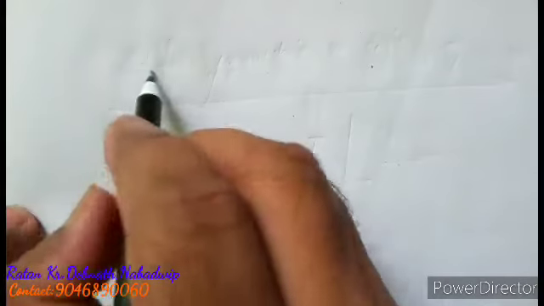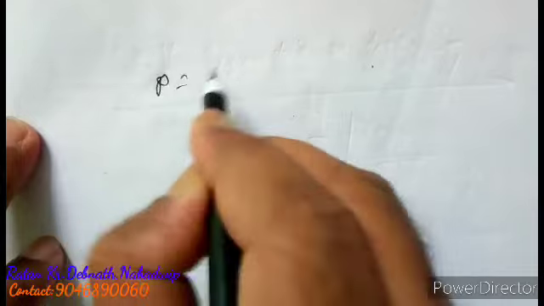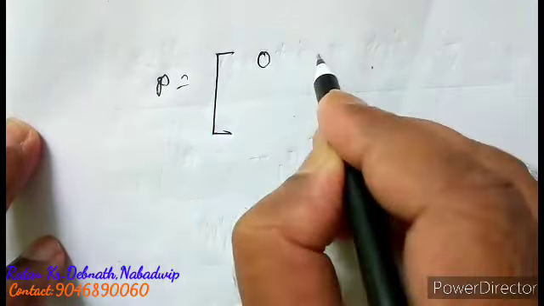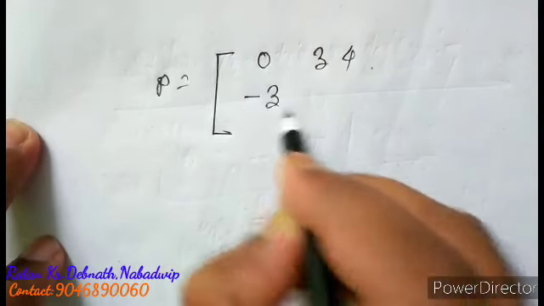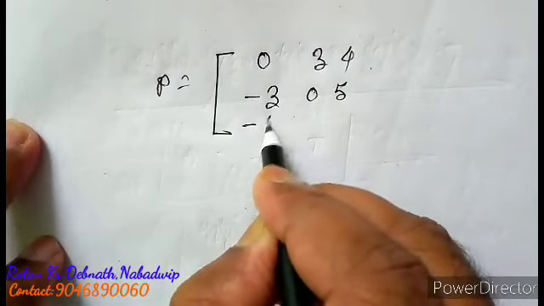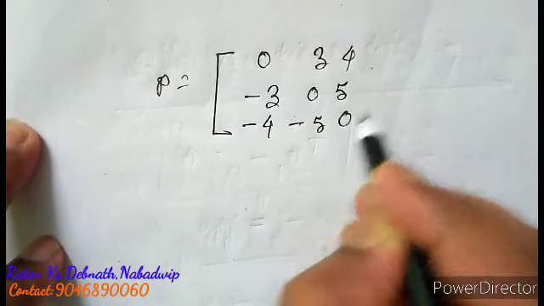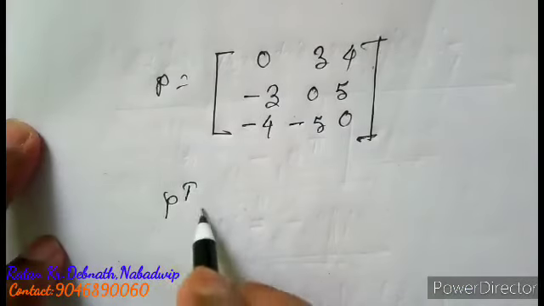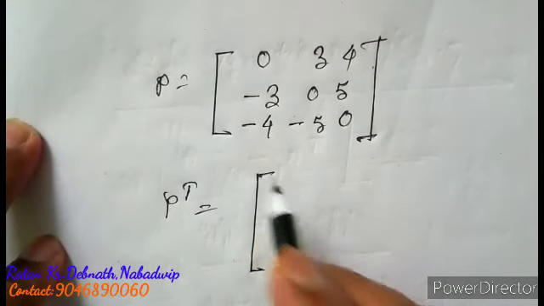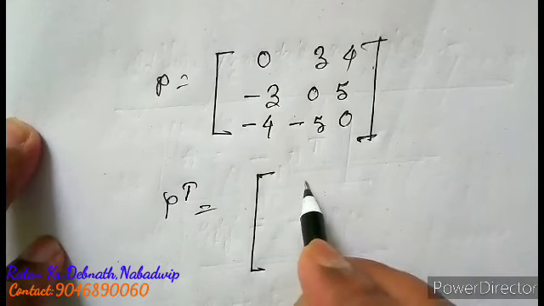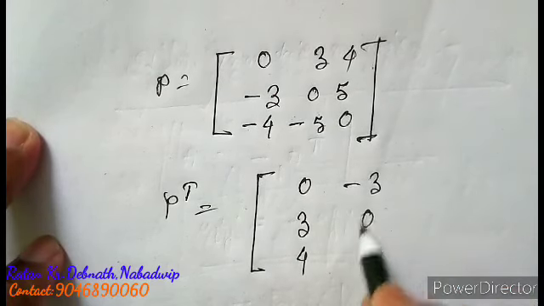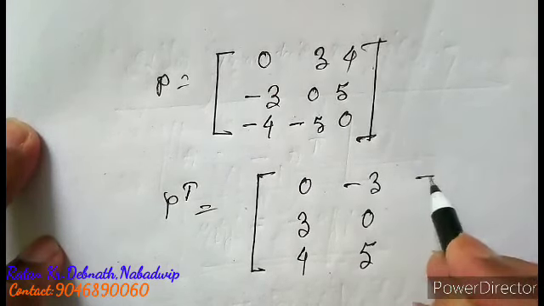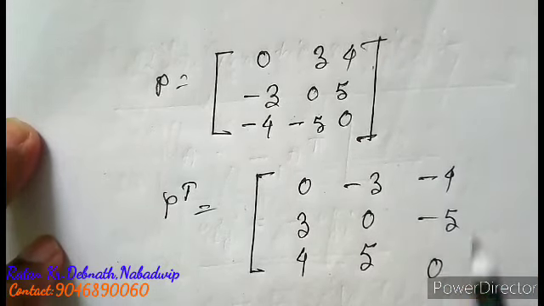Let's take another example of skew symmetric matrix. Say P equal to 0, 3, 4, minus 3, 0, 5, minus 4, minus 5 and 0. P transpose equals to 0, 3, 4, minus 3, 0, 5, minus 4, minus 5 and 0.